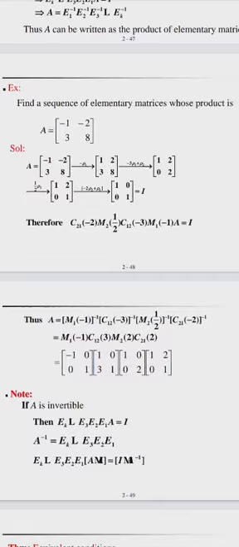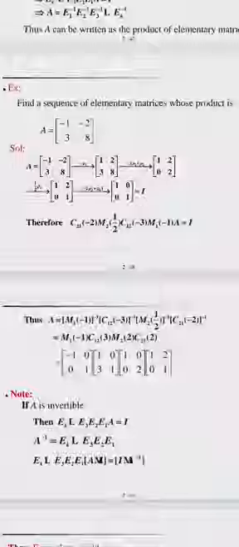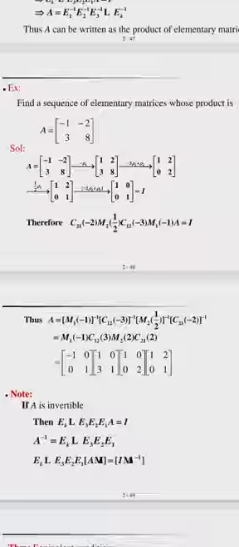Next, apply 1 by 2 times row 2: the first row stays the same, and the second row divided by 2 gives 0 1. Then apply minus 2 times row 2 plus row 1: the first row becomes 1 0 and the second row stays 0 1.